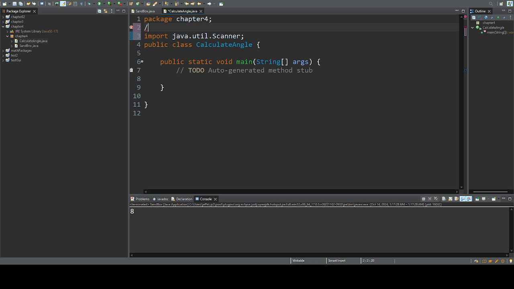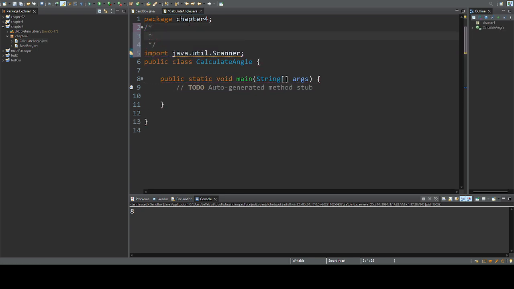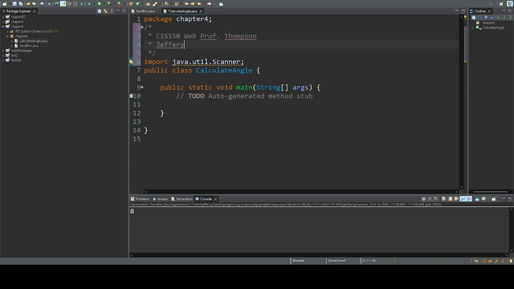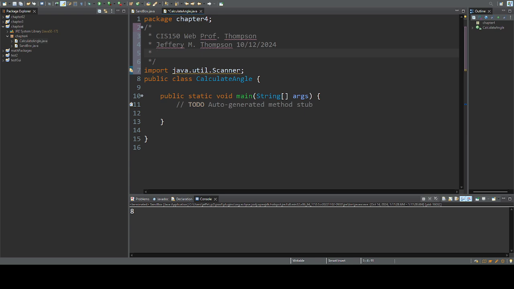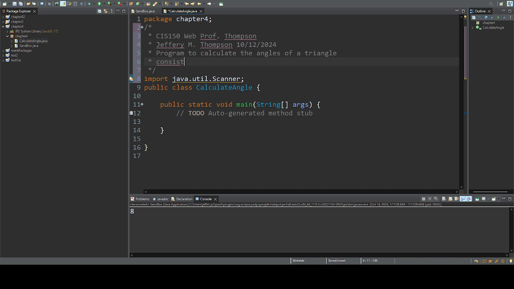Also, because this is going to be a major little bit of a program here, we'll say this is CIS 150 web with Professor Thompson. Here you would put your own name, but I'll put mine, and today's date. And a program to calculate the angles of a triangle consisting of 3 points inputted by the user.